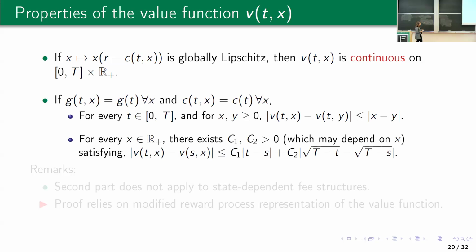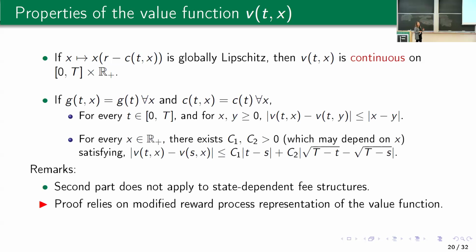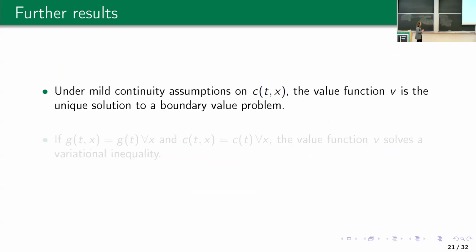And this allows us to have more results in terms of, can we express this as the solution of a free boundary value problem, which is what we did. So we have that under some, again, mild continuity assumptions, V is the unique solution to a free boundary value problem.